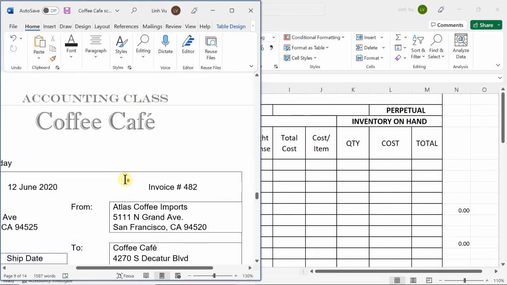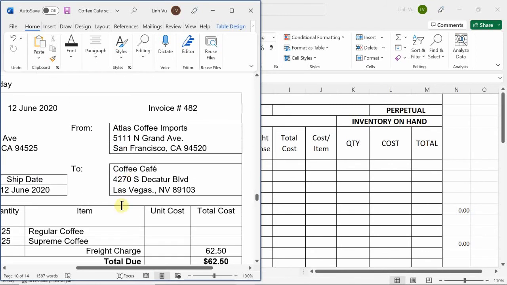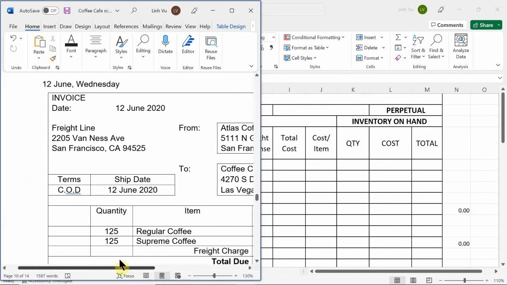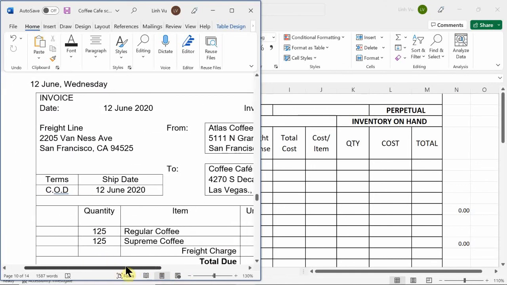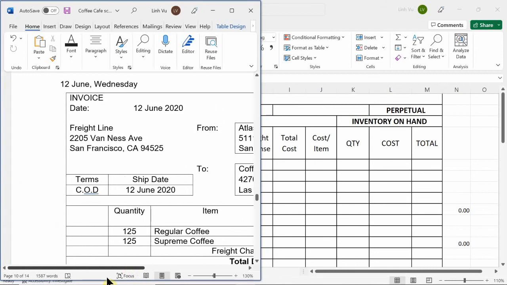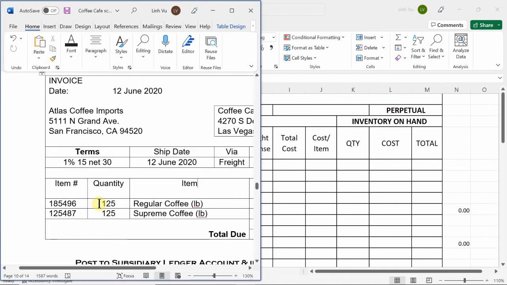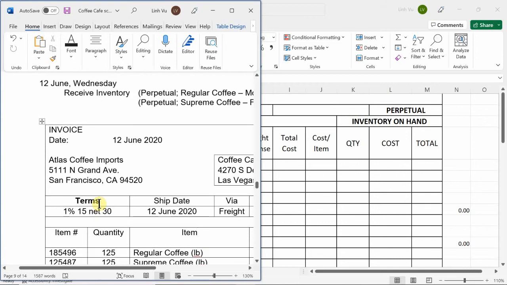All right. So then, upon receiving our coffee, we end up receiving another receipt here from Freightline, right? If you actually notice here, when we ordered the coffees, we ordered them from San Francisco, California. So they had to get a third party to deliver the coffees to Vegas.